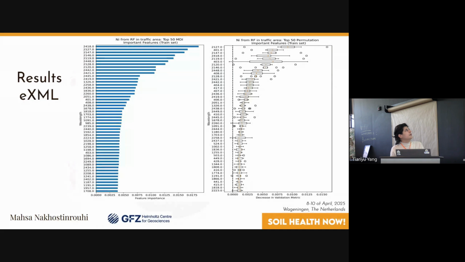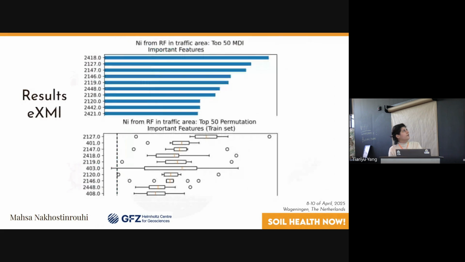The plots on the left side show the result coming from MDI method, and the result from permutation method is on the right side. In order to make it more clear, I have zoomed in on them on this slide, and you can see the 10 most important spectra regarding nickel's prediction based on two explainable machine learning methods.